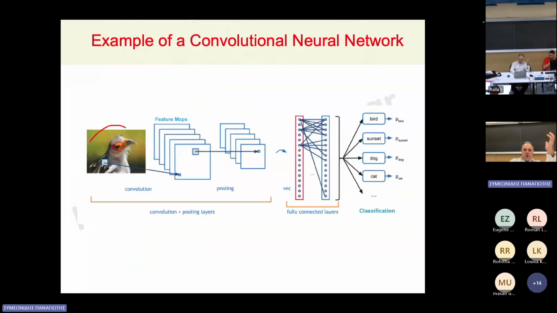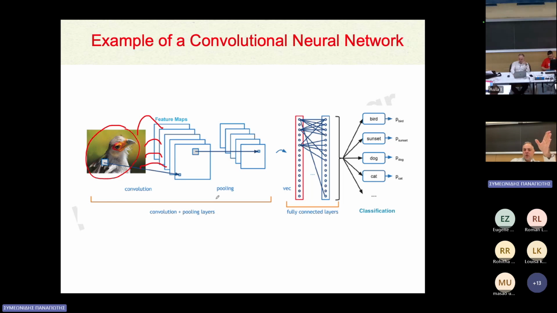We have an image and we extract specific objects, and create some feature maps. So this is the convolve stage. As you can see, we extract some features from the initial image and we create some feature maps.